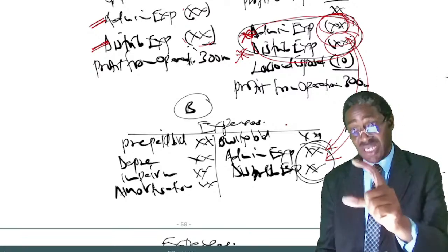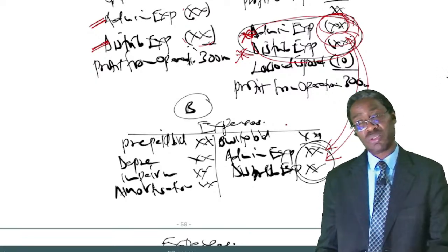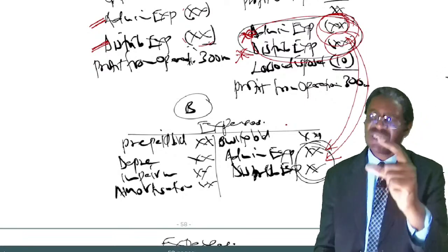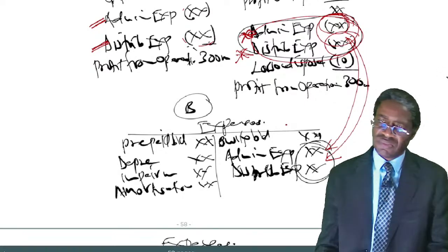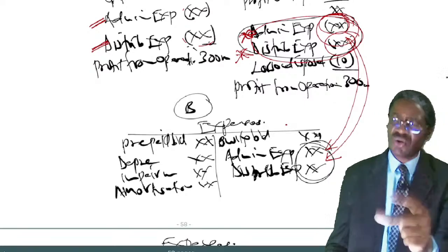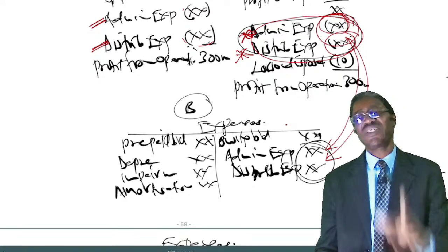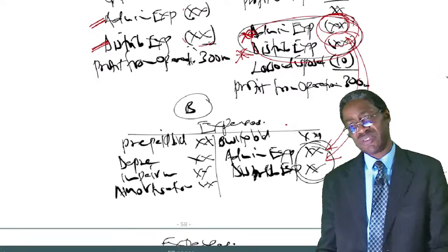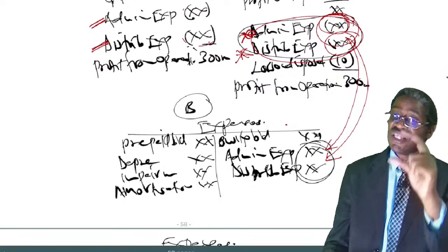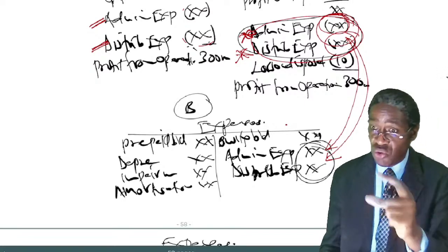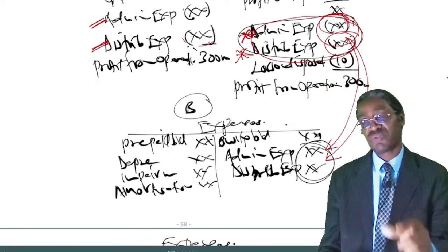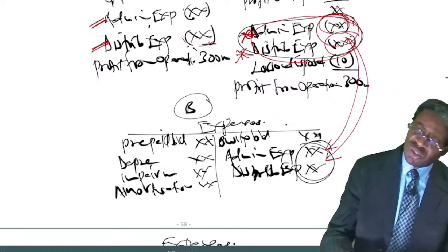The answer is no. Why? Because it has been shown separately. It's not within the admin and not within the distribution. It has been shown separately. So, does it affect what I'm looking for? The answer is no. Hope you are following. But what about accountant A?